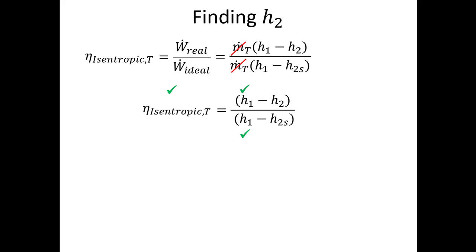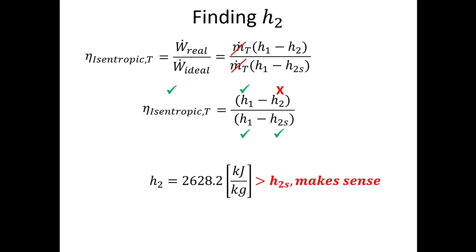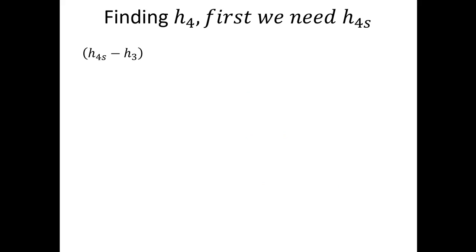I know H1, and I know H2S. So the only thing I don't know is H2. So I could rearrange this equation and find that H2 is 2,628 kilojoules per kilogram. This makes sense because H2 should be bigger than H2S because we can't get quite as much power out of the real turbine compared to the ideal turbine.